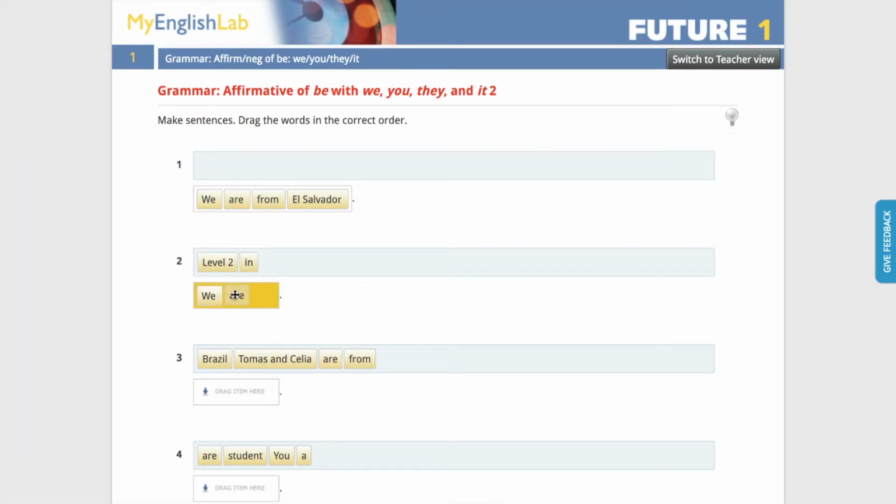We are, preposition, and the noun or the object of the sentence is level 2. And you said, but you just said it was a noun. I said, yes, it is a focus of your sentence, the object of the sentence. We are in level 2.